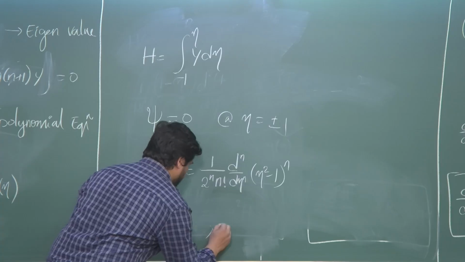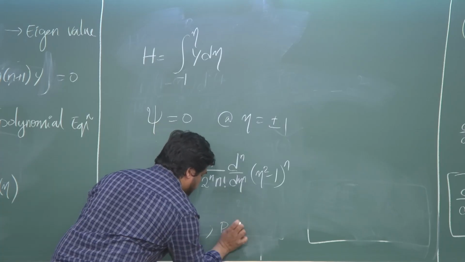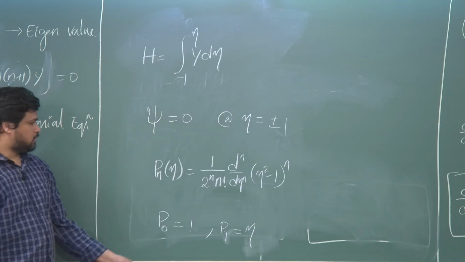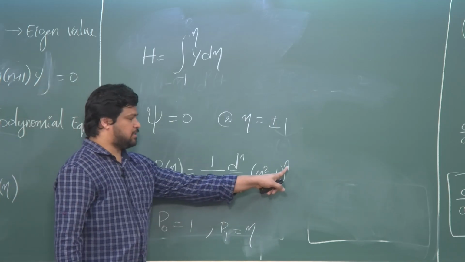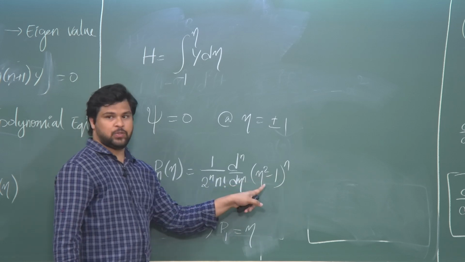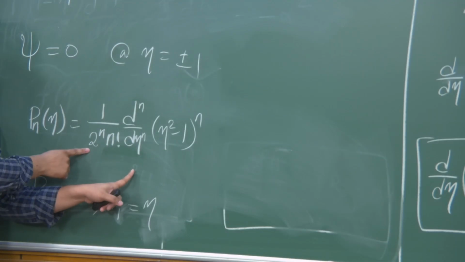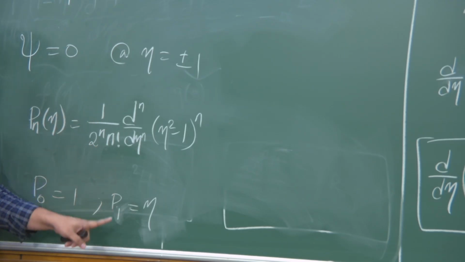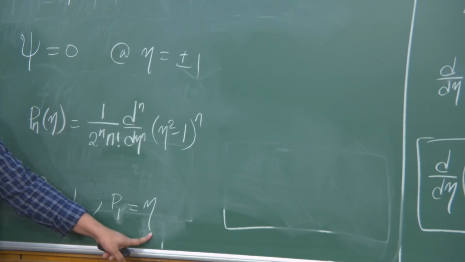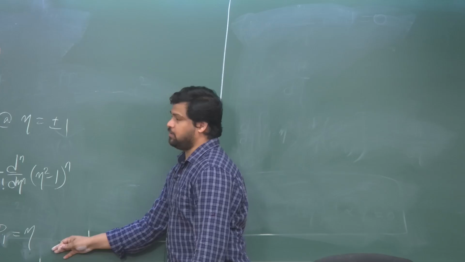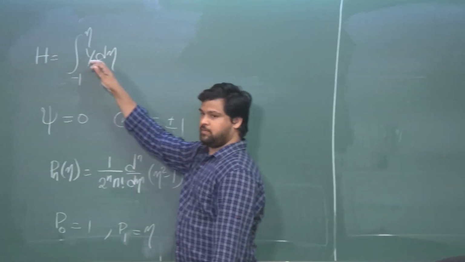Similarly, if you do for P1, the derivative of eta square minus 1 will be 2 eta, and here you have 2 power 1, the 2 cancels, and 1 factorial is 1. So finally we end up with P1 equal to eta. Everyone clear?